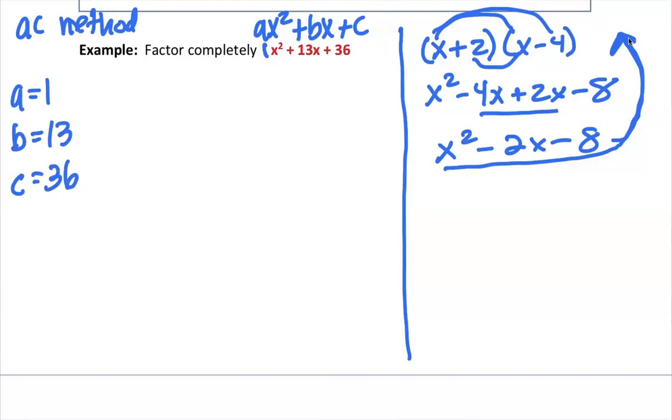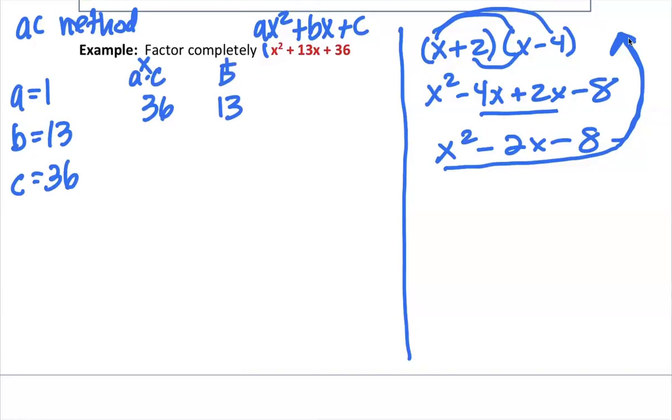So we're going to take a times c, 1 times 36, and our b is 13. So a times c, and this is b. We're looking for 2 numbers that multiply to 36 and add to 13.